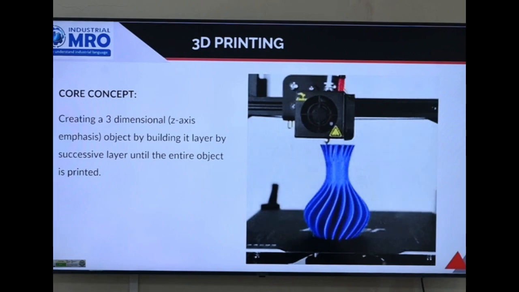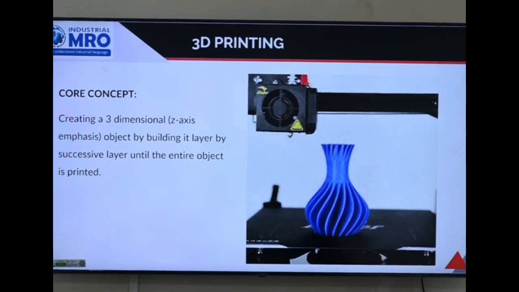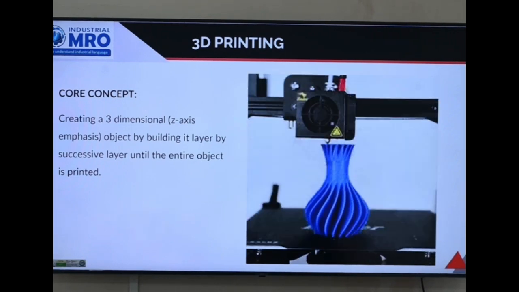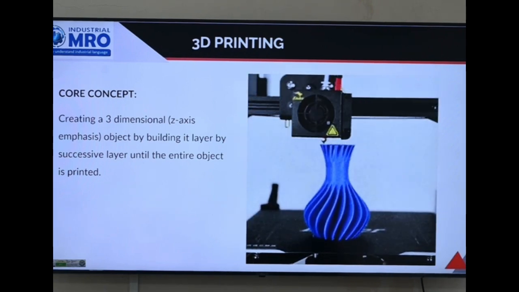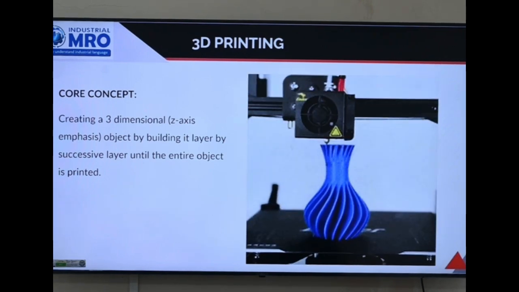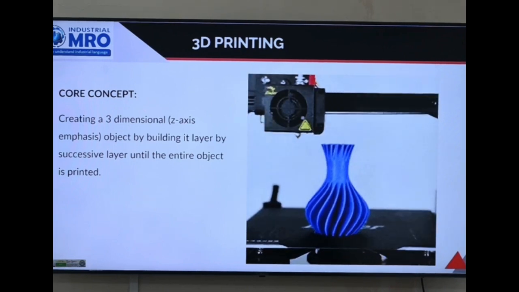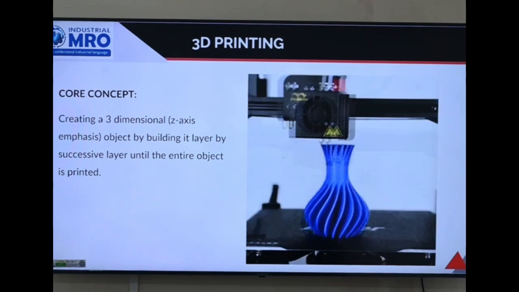On the heated bed the material gets extruded layer by layer, one by one, based upon the layer thickness of the machine. Some machines can build very fine layers, up to 100 microns. So the layers build up, and this is how the part is built.